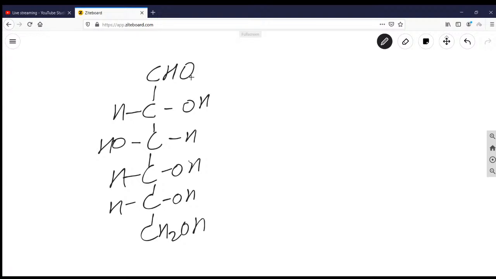Now if I rotate this by 90 degrees, what will I get? It will become a horizontal molecule. Once it has become a horizontal molecule, it will look like this.